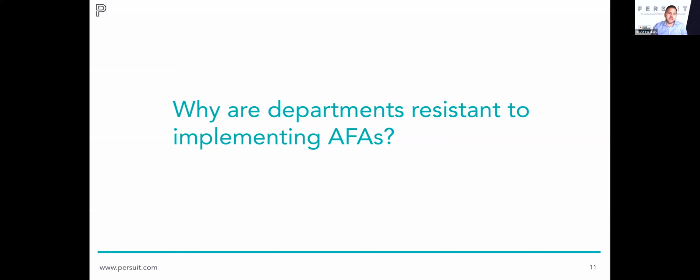So this audience is probably more pro AFA than a typical audience, but we still see that companies are way more resistant to AFAs than they say. Everyone says that they want to do AFAs, but the reality is there's a lot more resistance to implementing them. So Laura, do you want to talk through what the reasons are why companies are so resistant to AFAs, and maybe we can dispel some of the myths around them?